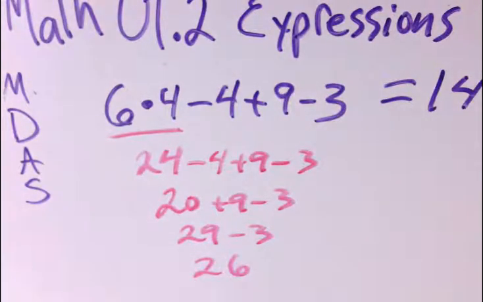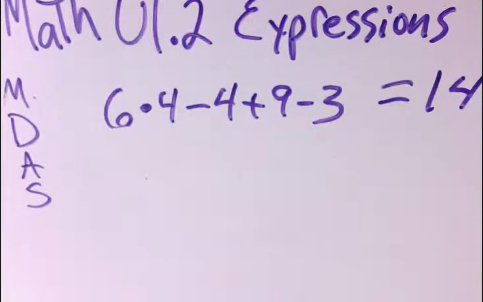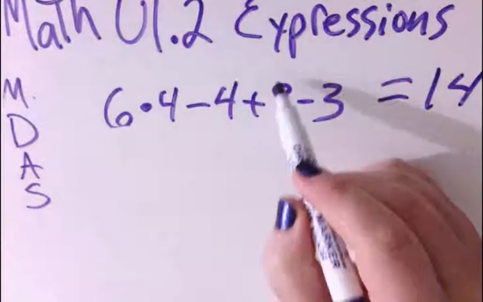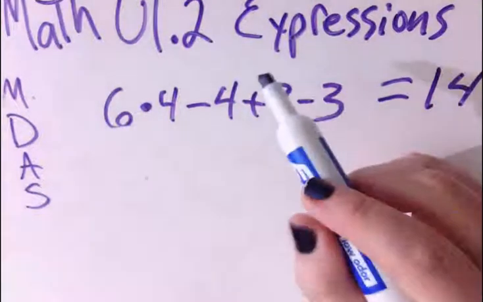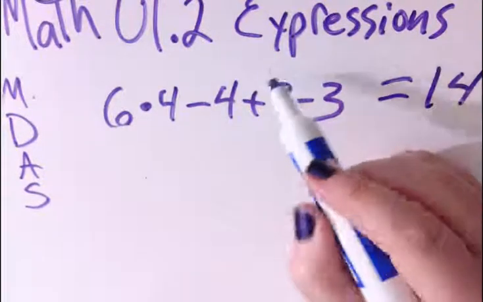so if we just work through that straight through without putting any brackets, we get that it equals 26, but we want to make it so it equals 14. So we know we have to add stuff into it. So let's start off by putting brackets around the end part here. So around the 9 and negative 3.